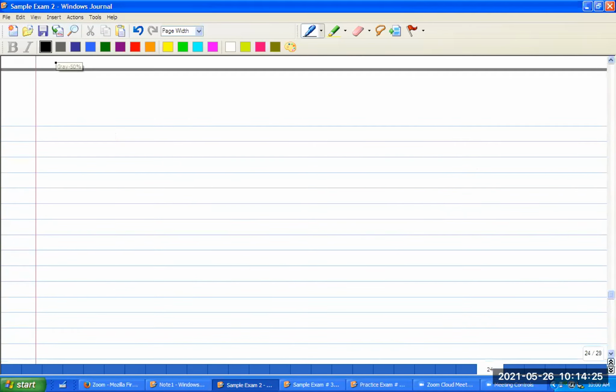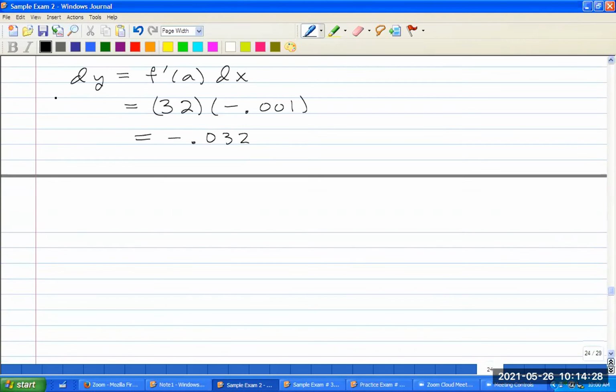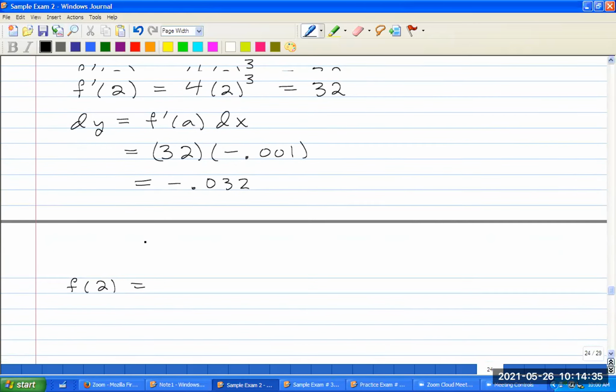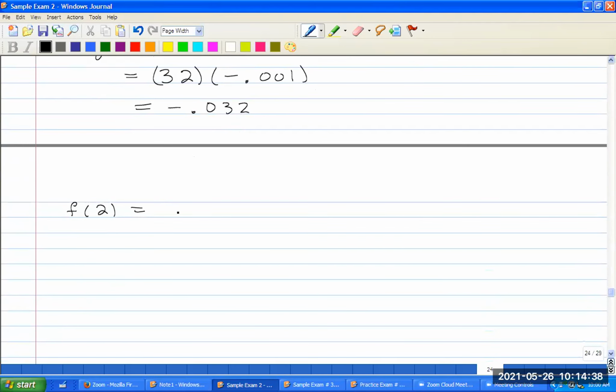To another page here. f at 2 is equal to 2 to the 4th, 16. So delta y is approximately equal to dy.